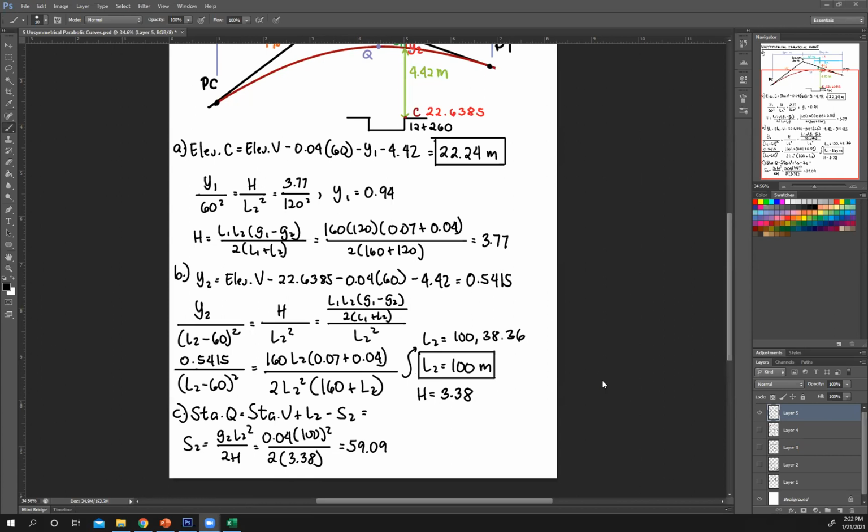If you didn't use this, you're gonna use the stored value. So you're gonna get 59.09.